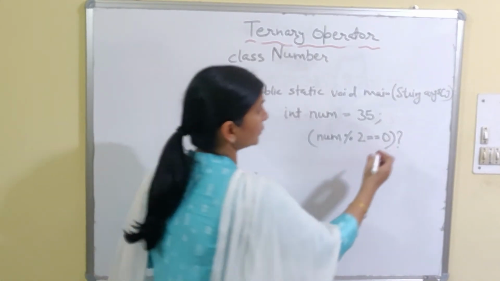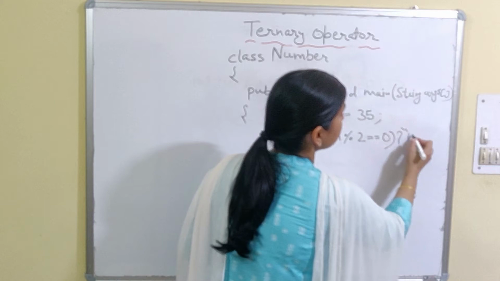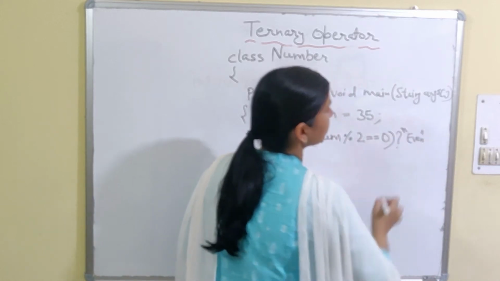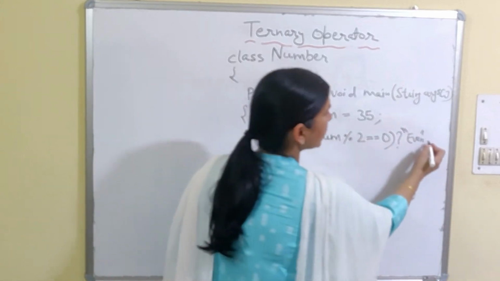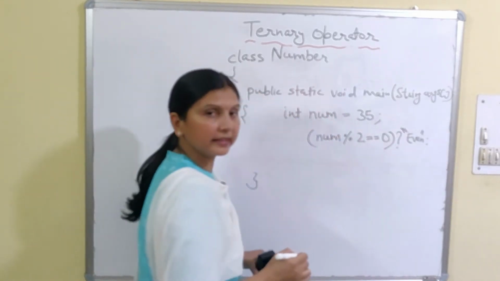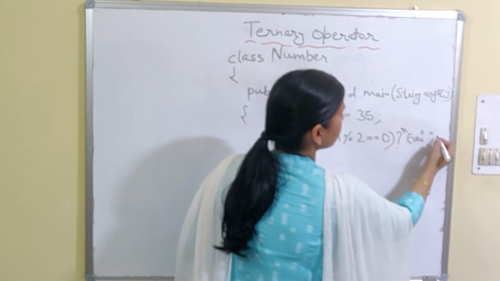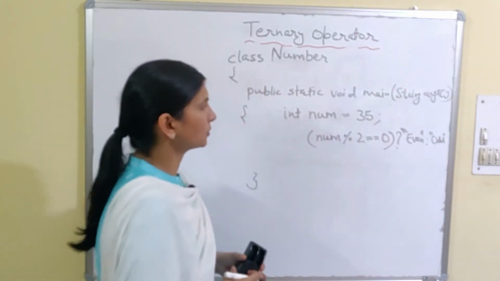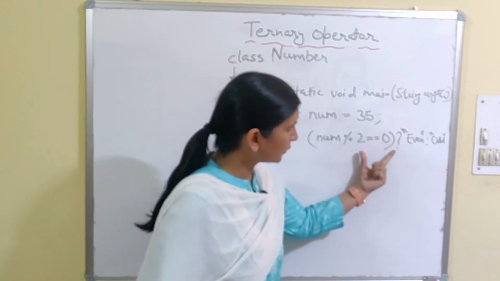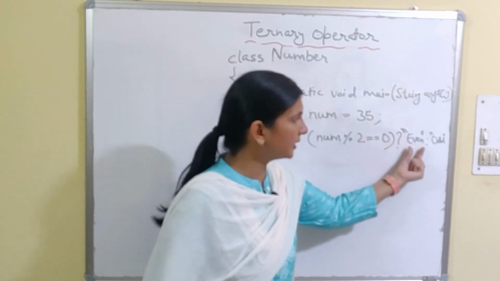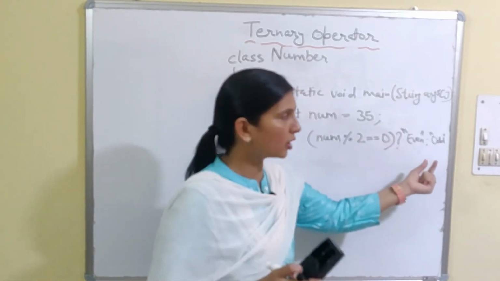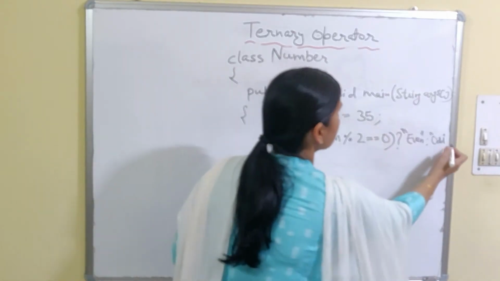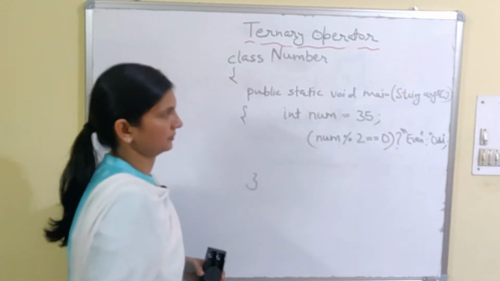Even. We need to display whether the number is even or odd. So within inverted commas we will write even, otherwise colon, within inverted commas odd. This is the condition, question mark, within inverted commas even, colon, within inverted commas odd. At the last, terminator. Fine.